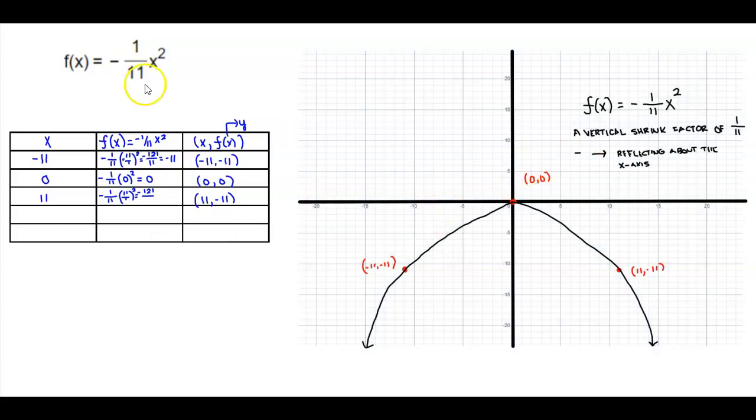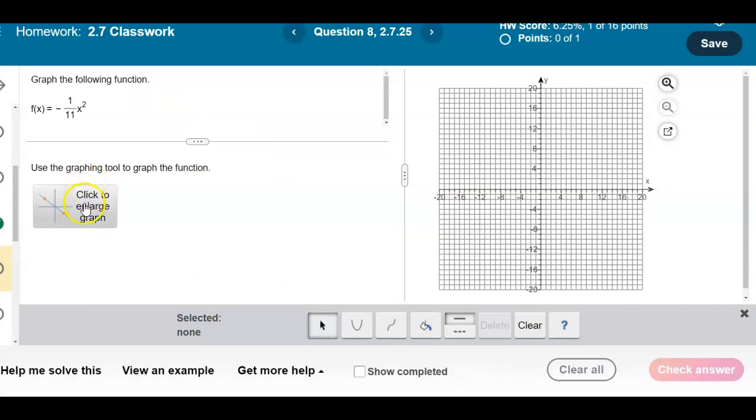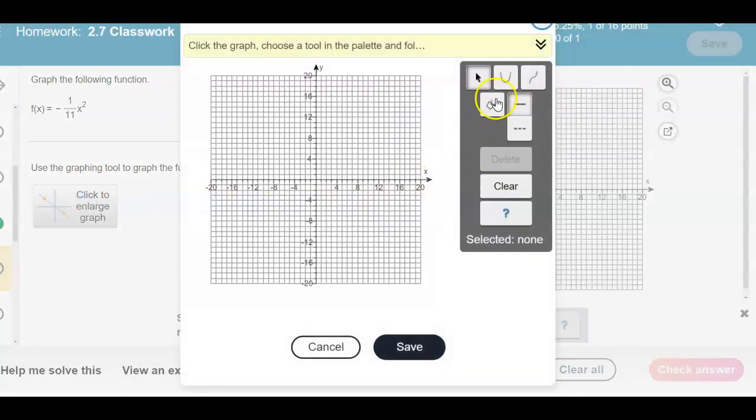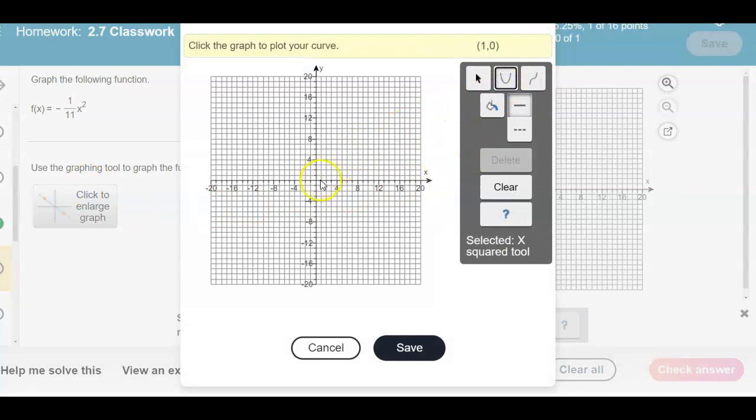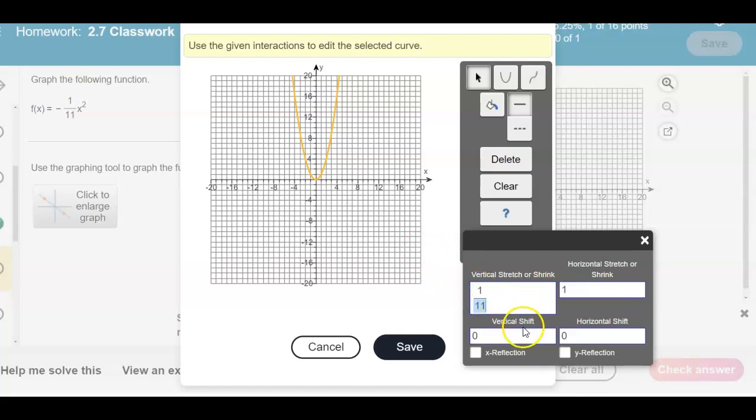So let's use this information to graph this. We're going to click to enlarge to graph. We first select an ordered pair, which is 0, 0, because we know it's at the origin. Now we know it's a vertical shrink by the fraction 1 divided by 11.